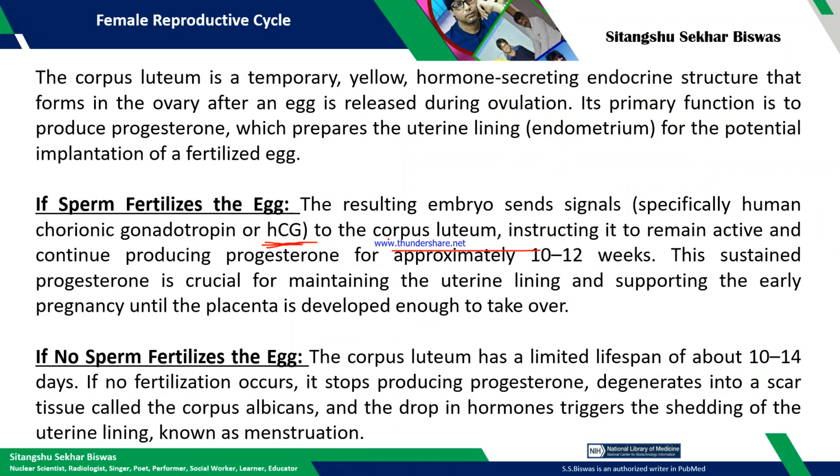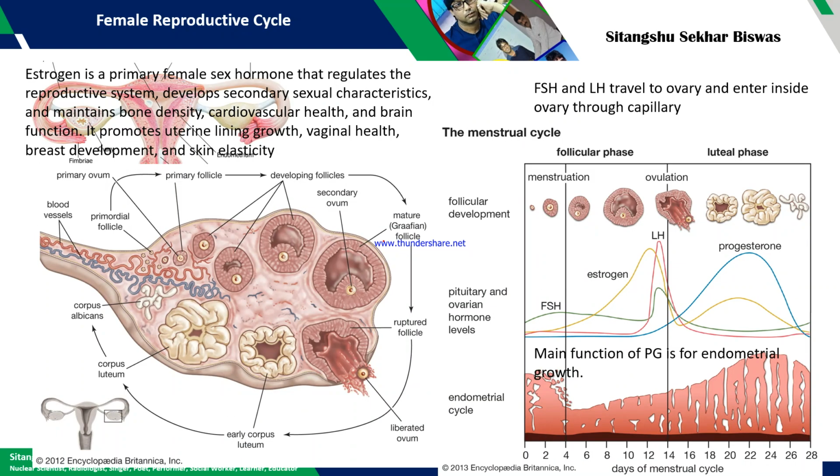In the normal case, if the sperm does not fertilize the egg, the corpus luteum has a limited lifespan of about 10 to 14 days, half of the cycle period. So if no fertilization occurs, it stops producing progesterone. As I showed you, slowly this corpus luteum started to degenerate, and finally it becomes the corpus albicans.